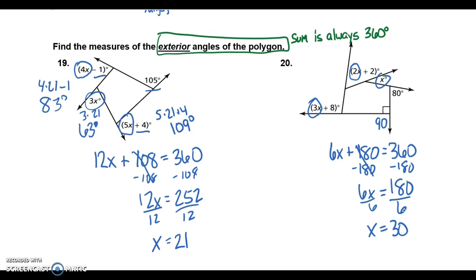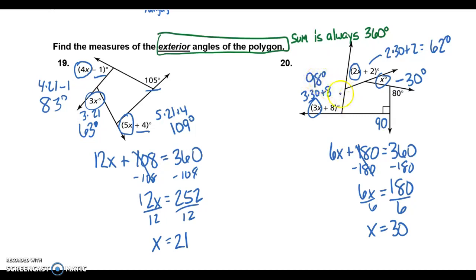Now that's not it. Go back and plug things in. So this one is just 30. This one is 2 times 30 plus 2, which is 62. This one is 3 times 30 plus 8, which is 98.